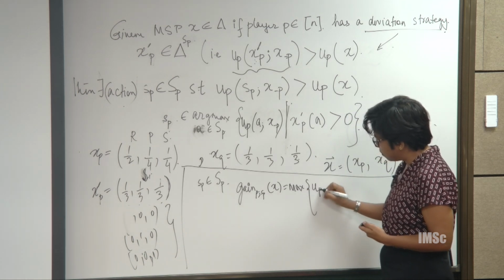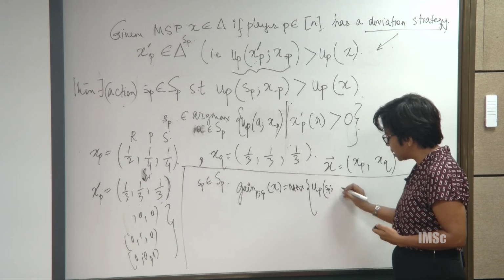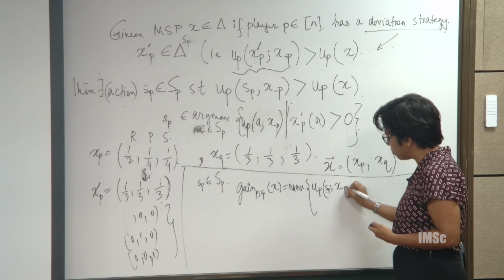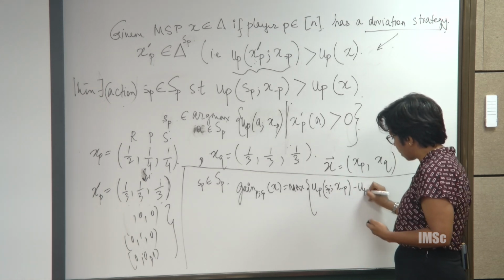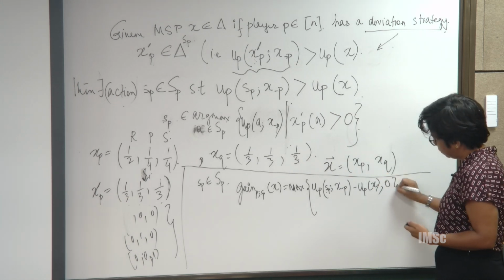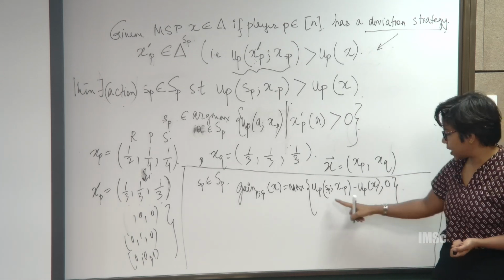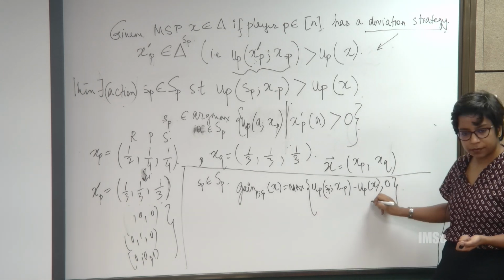What is the benefit this player P gets by deviating to this action while all others remain the same? If he gets no gain, it will be 0, otherwise it will pick up this value.